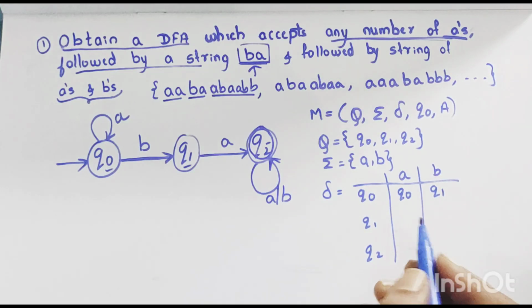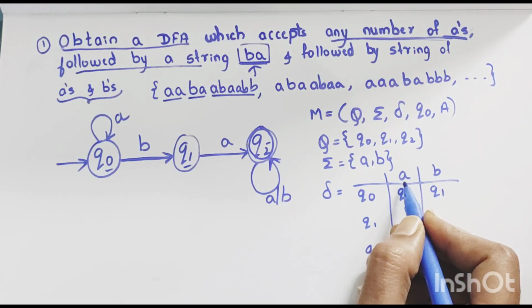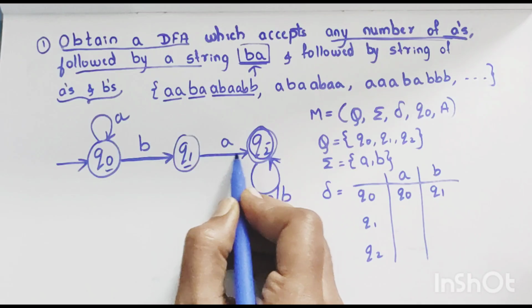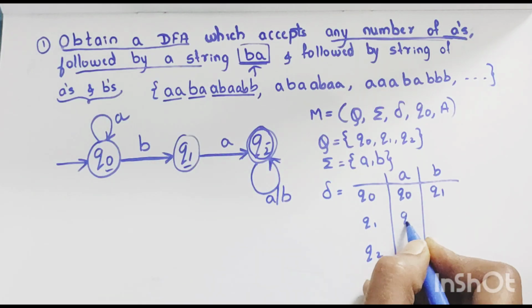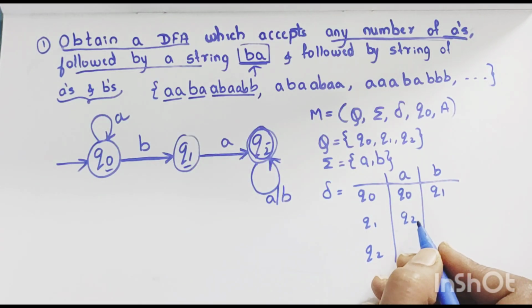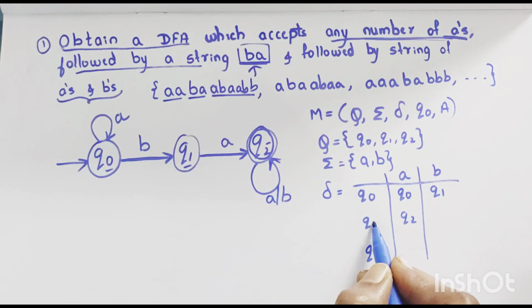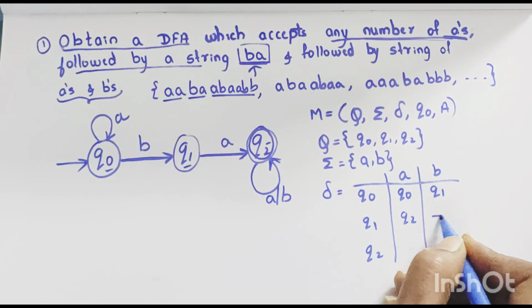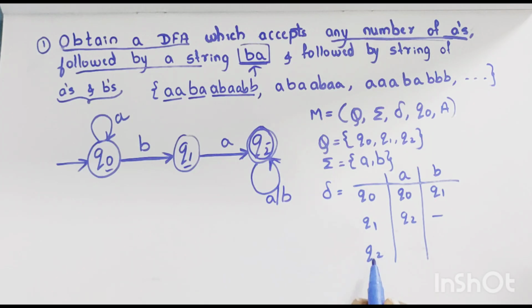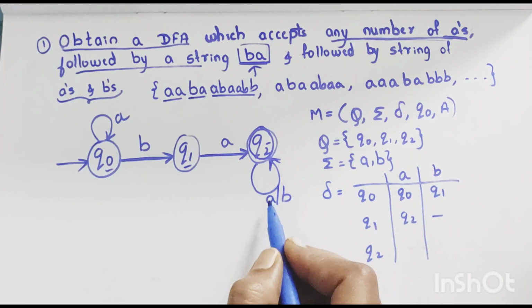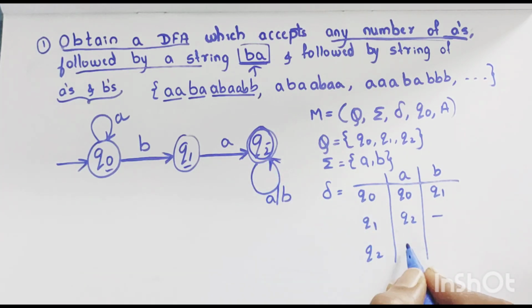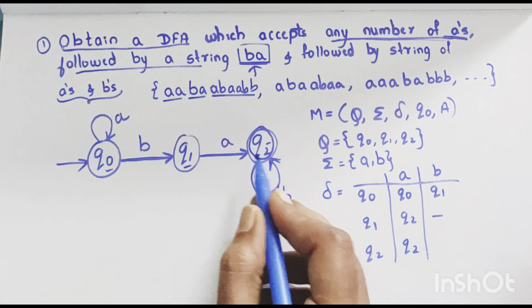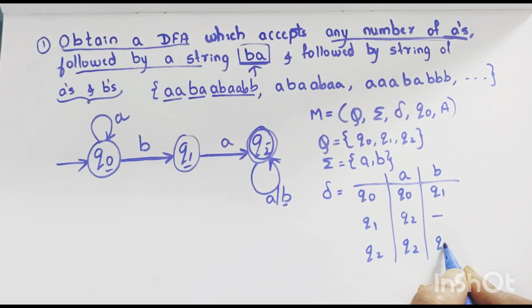Then from the Q1 state for the A input symbol, we are showing the transition to Q2, so I will write Q2 here. Then there is no transition from the Q1 state for the B input symbol, hence I will keep it blank. Then for Q2, for the A input symbol, it is a self loop only, so I will make it Q2. Again for B also it is a self loop for Q2, so I will write Q2 only.